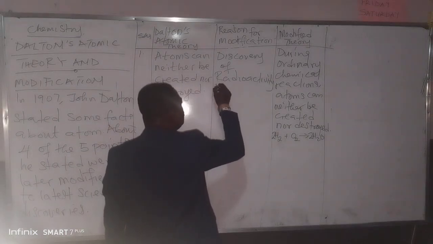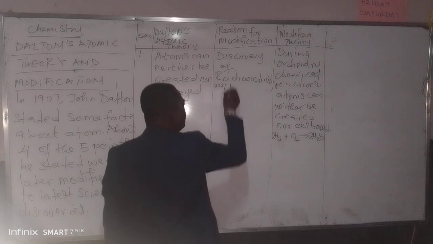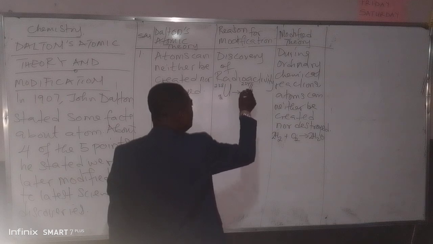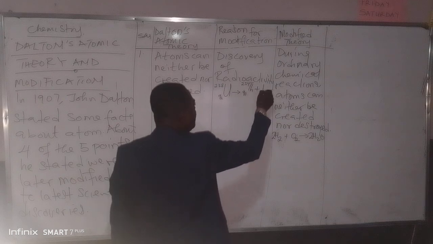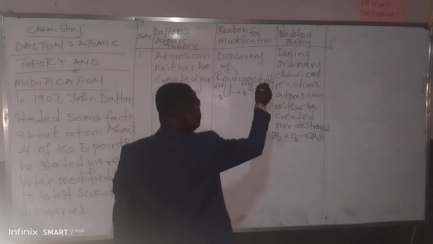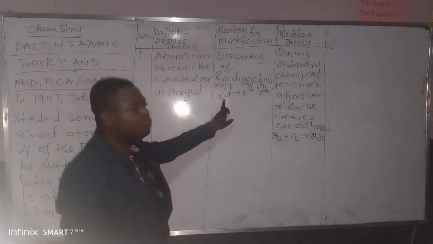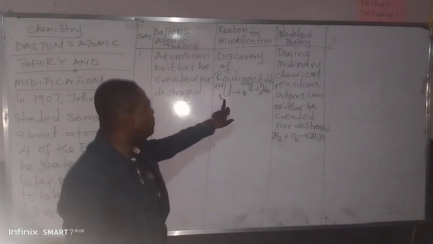Like uranium-238, atomic number 92, can form thorium-234, atomic number 90, after emitting an alpha particle. This is alpha decay. If you put uranium inside a cup and come back in the afternoon, you will not see uranium again.